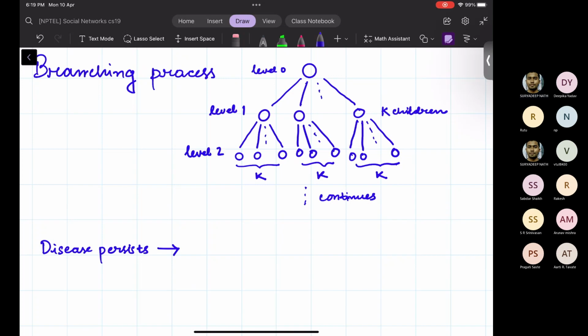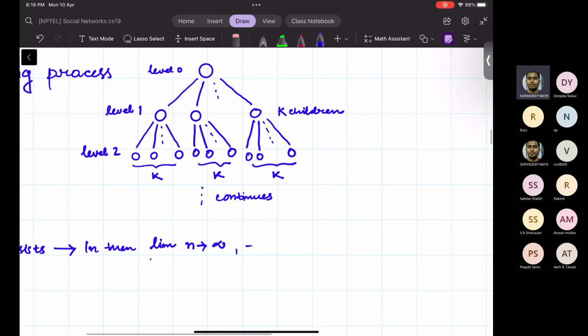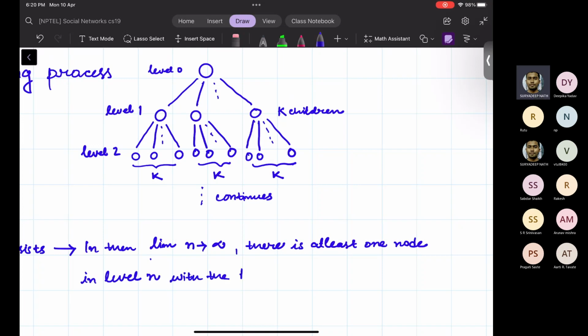In the limit, n tends to infinity, there is at least one node in level n with the disease.